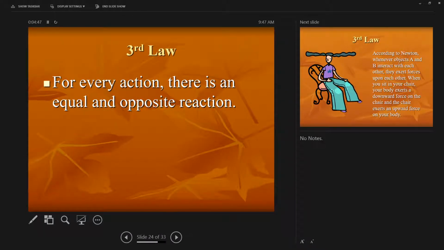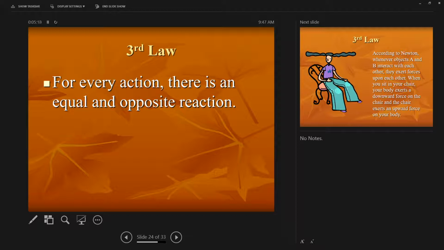Now, this brings us to the third law. For every action, there is an equal and opposite reaction. So yesterday, when we were doing examples, I talked about your weight being a force caused by Earth's gravity.